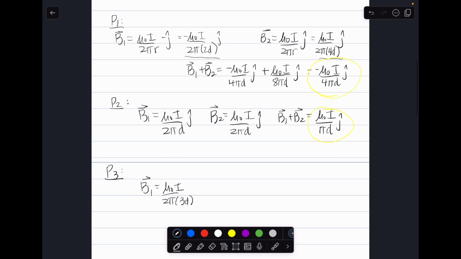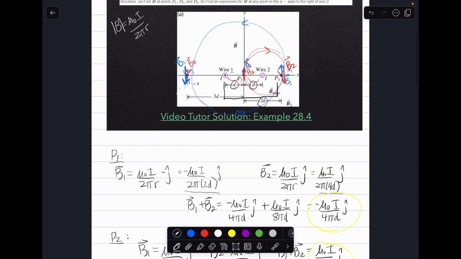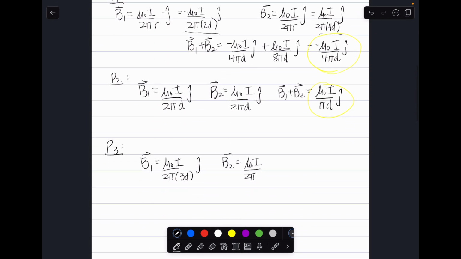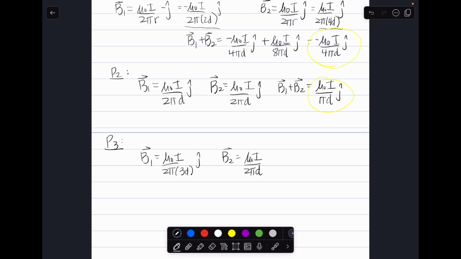B1 is up, j hat. B2: the distance that wire 2 is from P3 is D, okay? Because this is 2D, this is D. 2D minus D is D. Direction was negative.